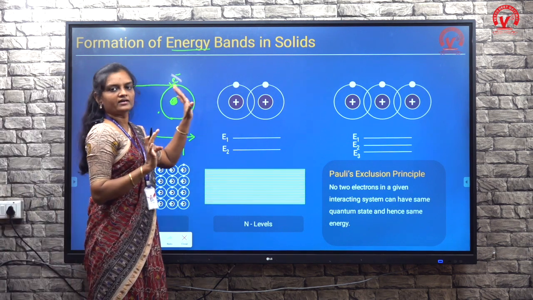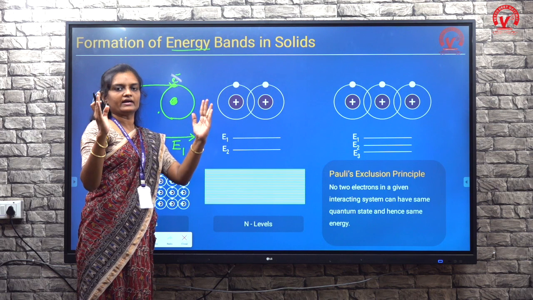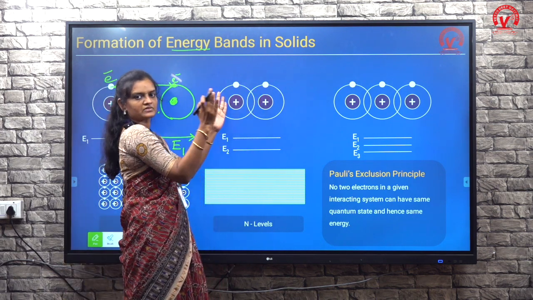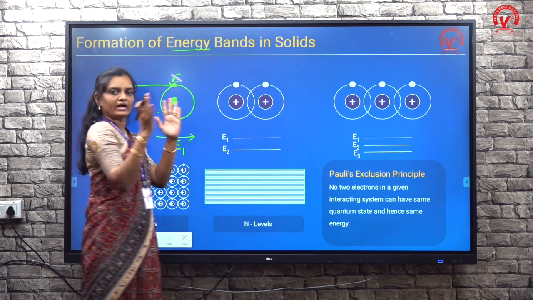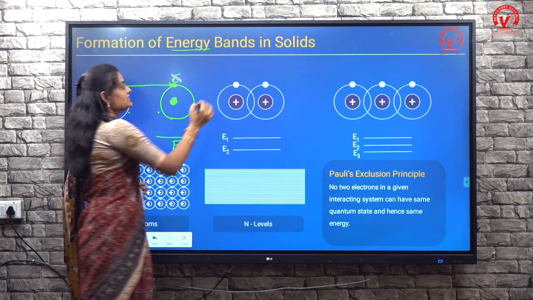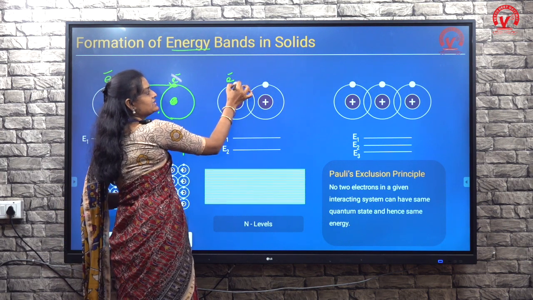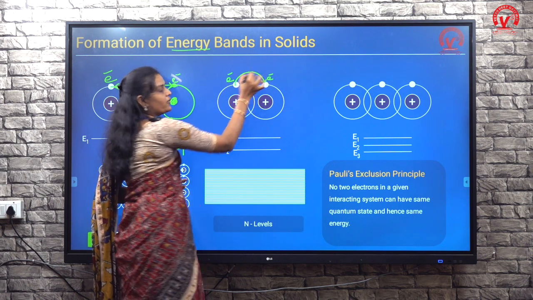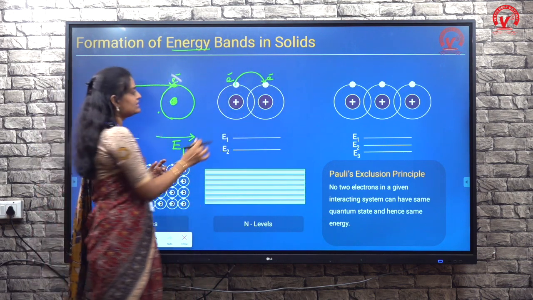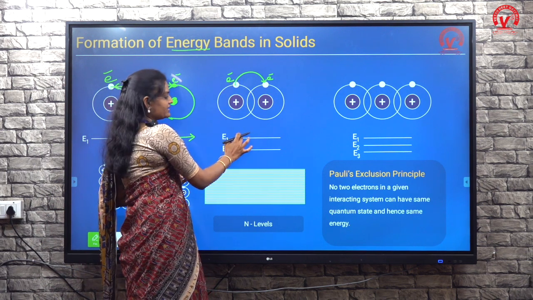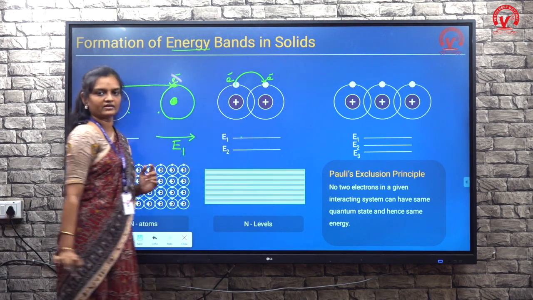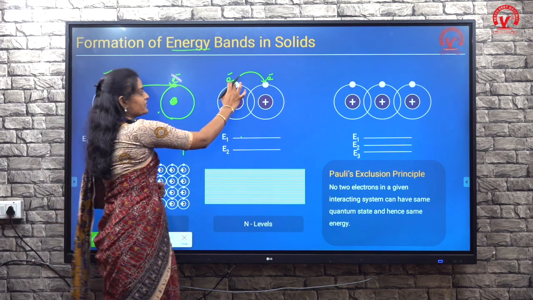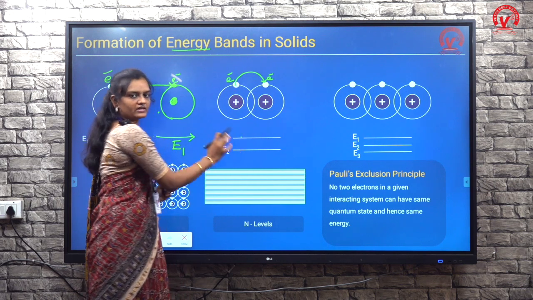Next part: now I am going to bring the two atoms closer. Now the two atoms are overlapping. When two atoms overlap each other, the electron wave function of this electron and that of the other electron overlap, and the energy level of the electron is now split into two energy levels, E1 as well as E2.